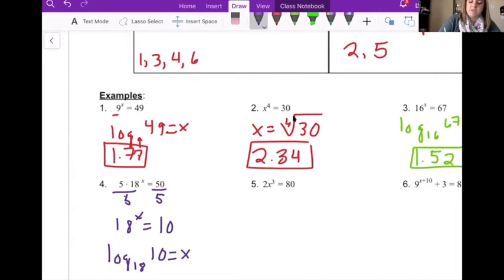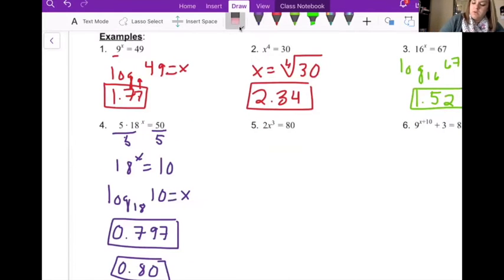And so I have to do something similar for example 5. We first want to get the x cubed by itself, so we're going to divide by 2. And so then we get x cubed equals 40. And so then x would equal the cubed root of 40.